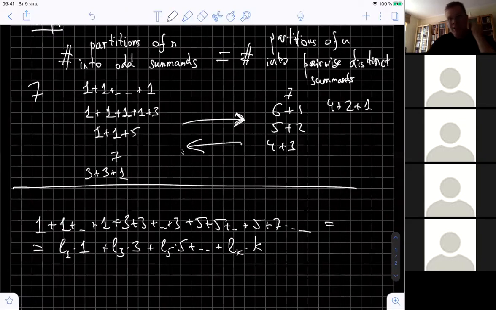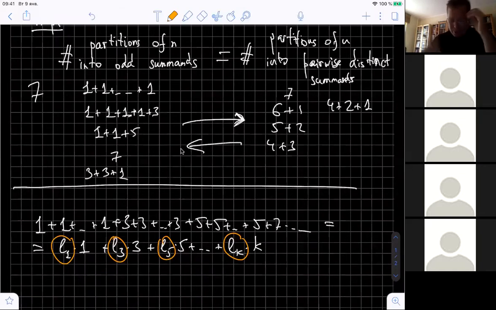After that, all I want to do is find the expression of these numbers L1, L3, L5, and so on, such that I will obtain the pairwise distinct parts.